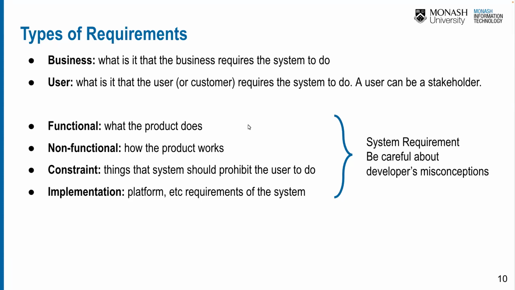But once we analyze the non-functional requirement within the team, we can come up with the functional requirement that are related to that non-functional requirement as well. For example, the app should allow multi-factor authentication so the user can log in securely, that kind of thing. Okay, so that means the functional requirement, non-functional requirement, they are interrelated.